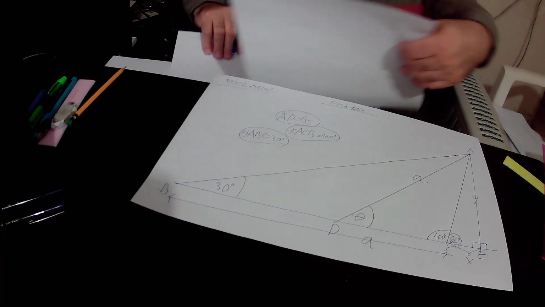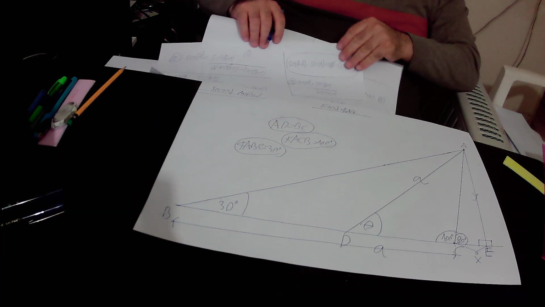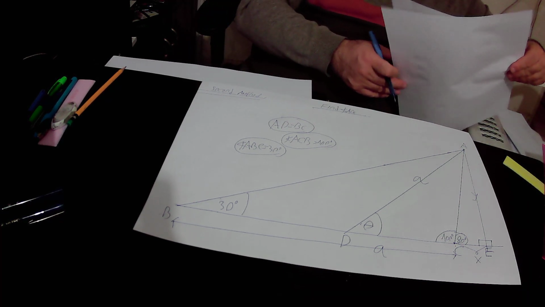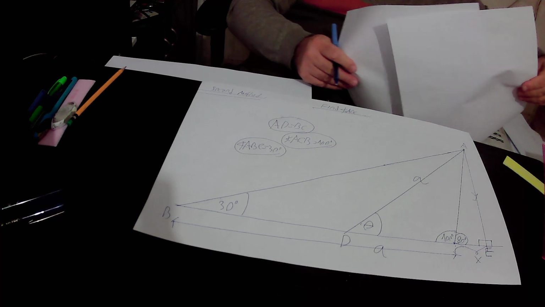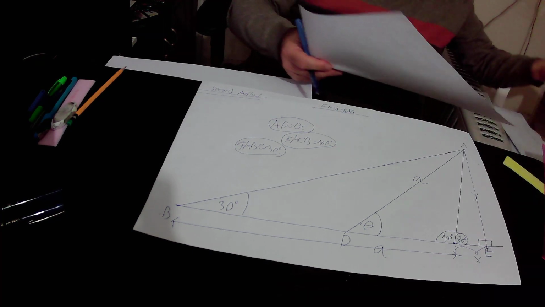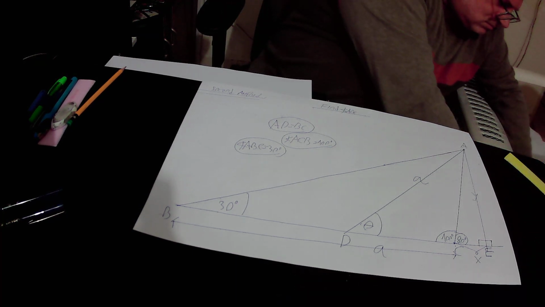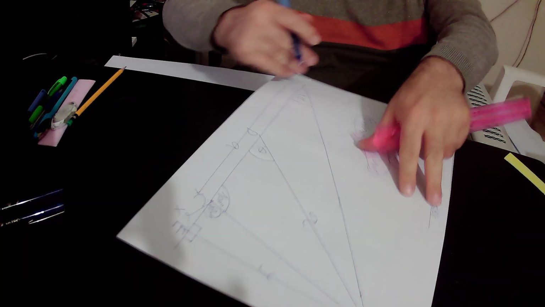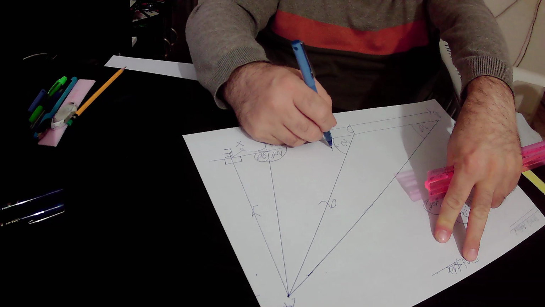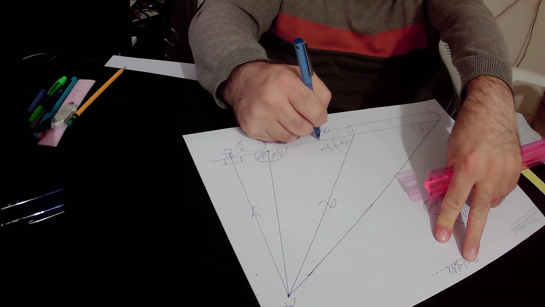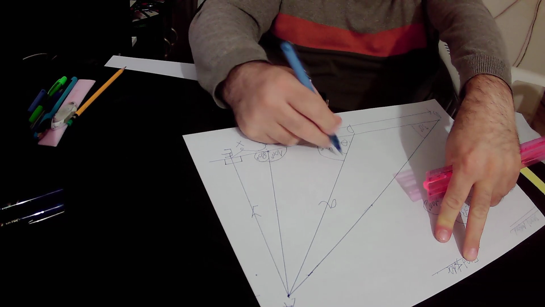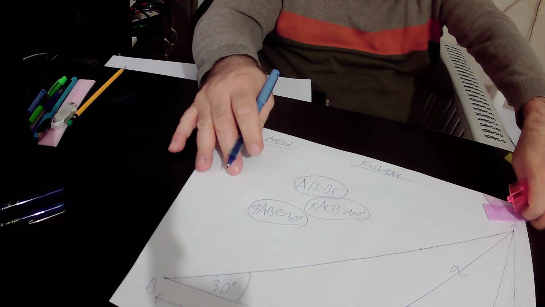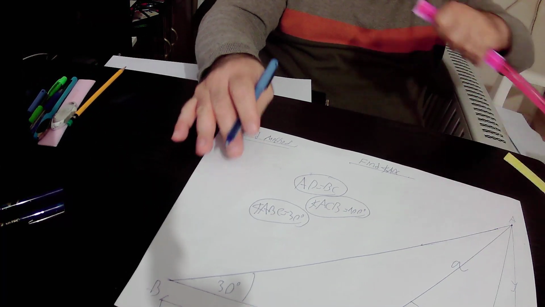So actually, this angle theta equals 40 degrees according to the second method. We found out also that according to the first method, angle theta equals 40 degrees.